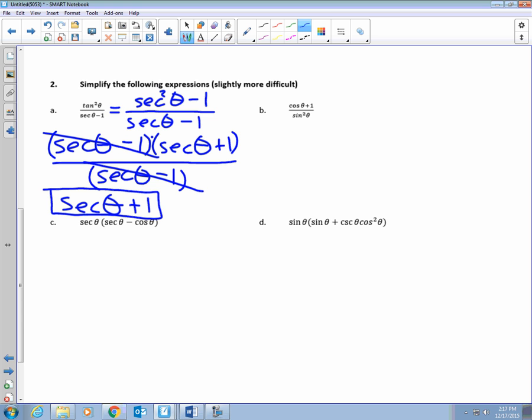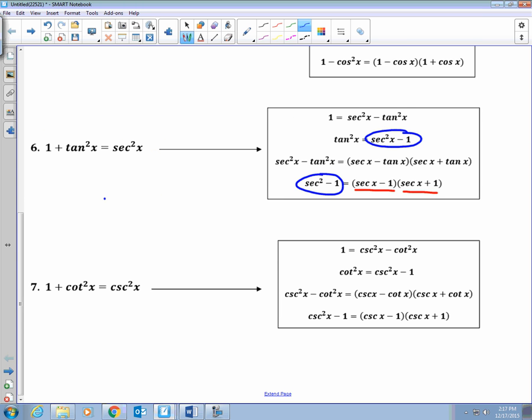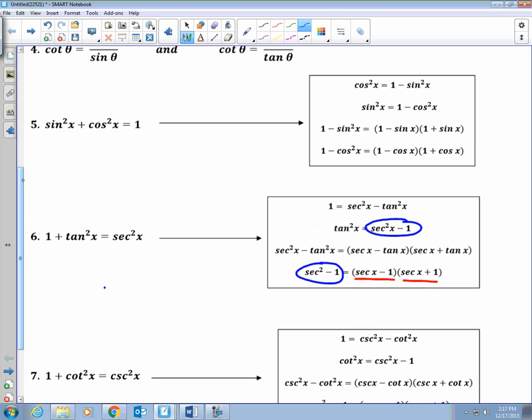B is kind of similar, isn't it? Cosine plus 1. It's not a cosine squared, it's just a cosine plus 1. So let's look at our notes. Do you see a cosine plus 1 somewhere? Right here, right? It comes from a 1 minus cosine squared. Where does 1 minus cosine squared come from?